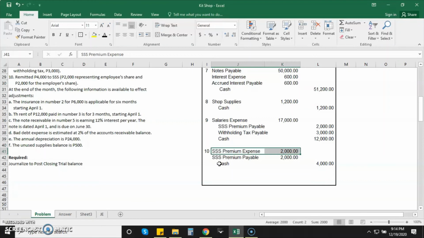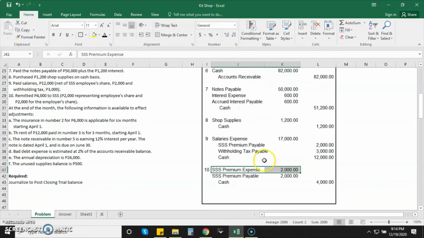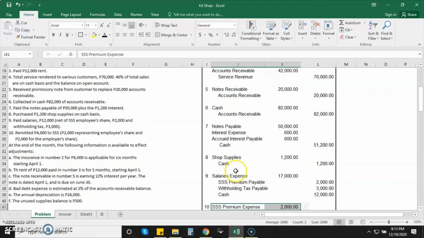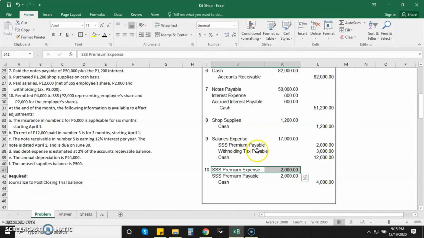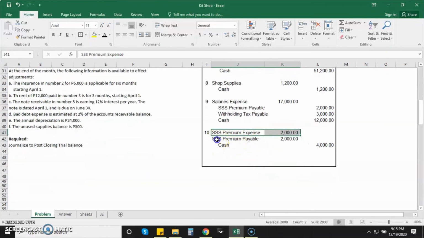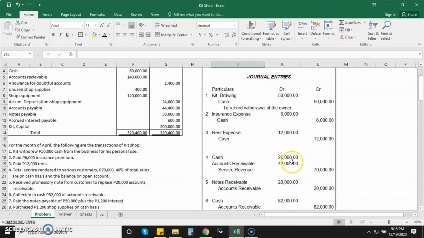Kaya siya tinawag na benefit si SSS kasi 300 lang ang binawas sa sahod mo pero ang mapupunta sa account mo kay SSS is nasa 900. Kasi halos times 2 ang binabayaran ni employer for your account and on your name. Ganon siya. Okay, so there. That is for entry number 10. So these are just examples.